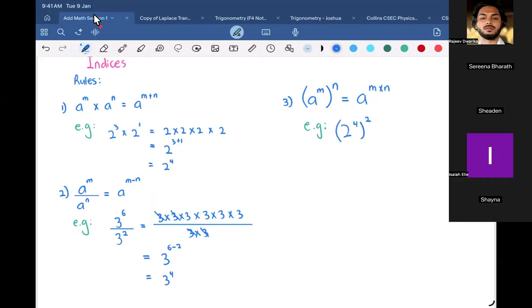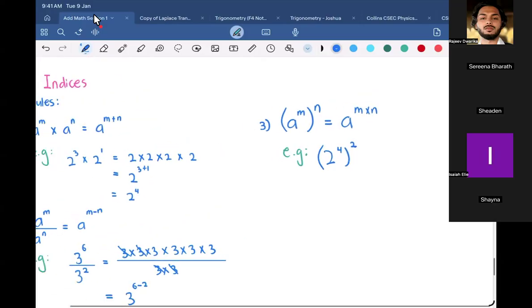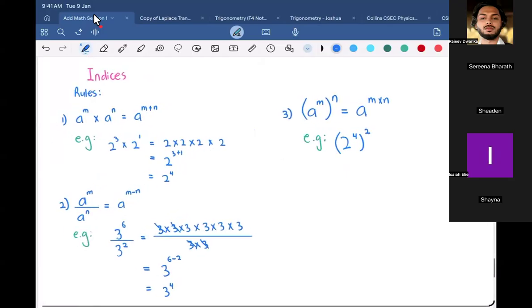Okay, great. Shayna, if I had 5 to the power 2, what would that mean? 5 squared, 5 times 5. Okay. So if I have 2 to the power 4 in brackets squared, that would mean what by what? You multiply the two powers, 4 by 2, 8.